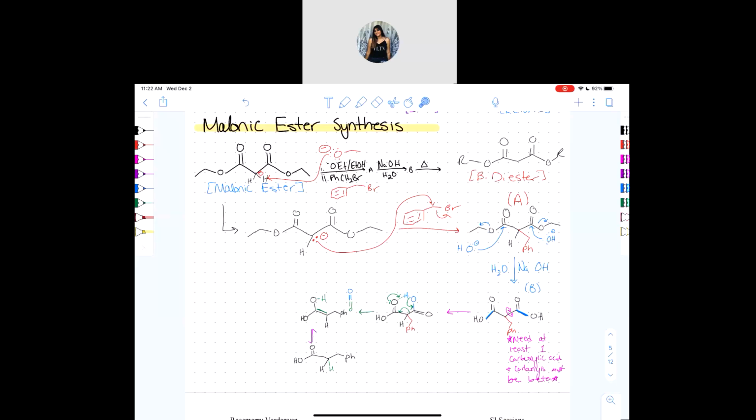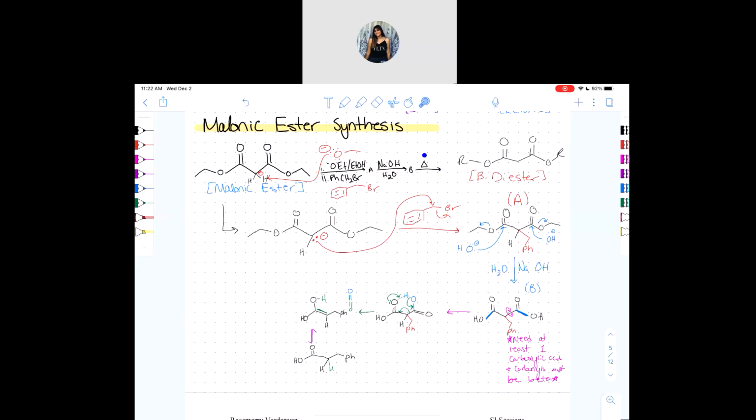But so how I would do it, like the short way, is I would just see, okay, cool, we have the acidic alpha hydrogen right here. I know that this is going to be an alkylation. So go ahead and add whatever alkyl halide we have here. And then we know NaOH, swap that for an OH. And then heat.